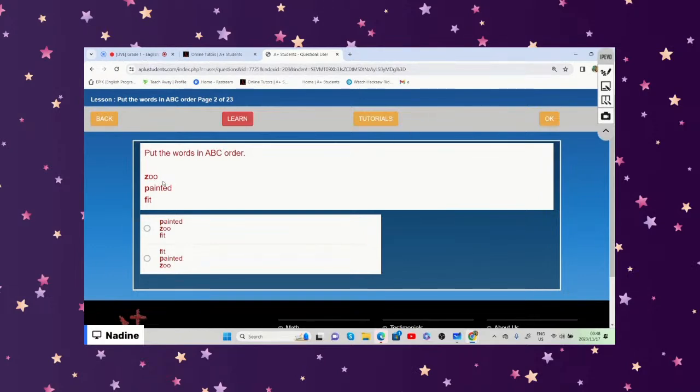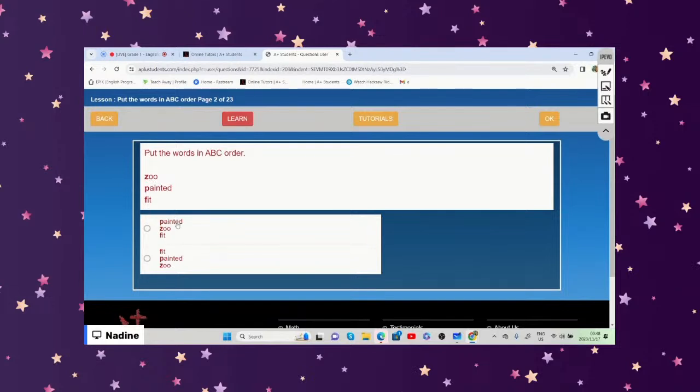We're going to do one more. We need to put these words in the ABC order. Zoo, painted, fit. Look at the first letters: Z, P for painted, F for fit.